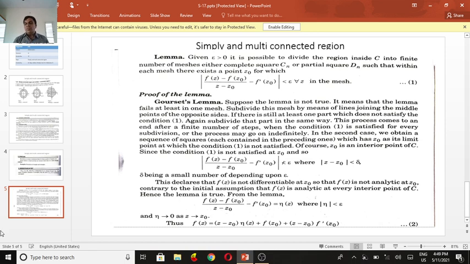As the process continues, the sequence of squares has a limit point z0 at which condition 1 is not satisfied.